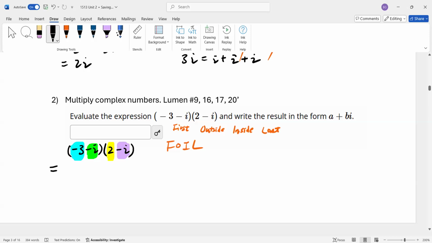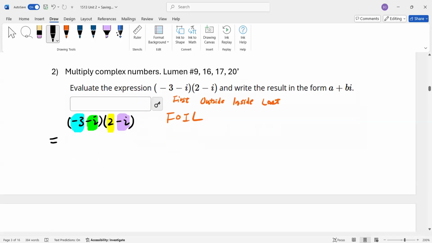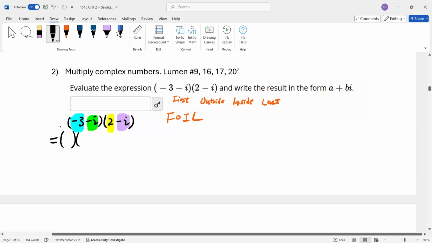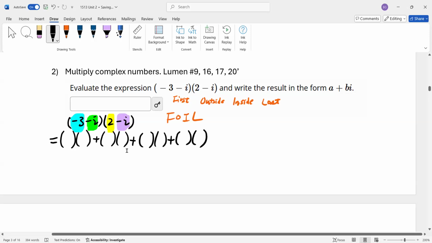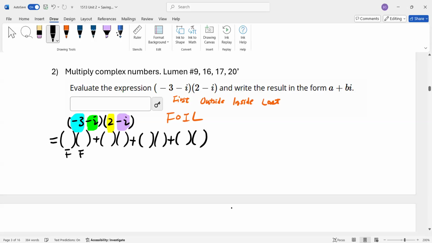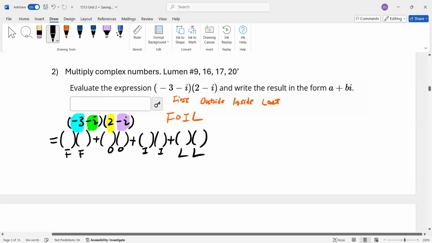So for FOIL, you should first set up the structure, like what I'm trying to do here: parentheses times parentheses plus parentheses times parentheses plus. What is the structure? Set up the structure for FOIL: F, O, I, L. You have 4 terms added together.